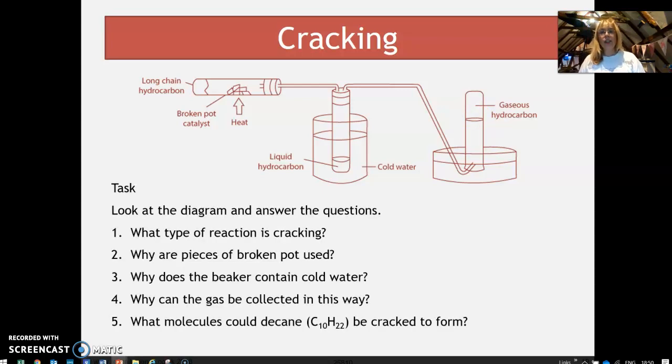So what I'd like you to do is copy this diagram using a ruler and pencil for diagrams. Remember, I want you to use the labels in pen and a ruler for the label lines. Then jot down the answers to these questions. When you are done, you can restart the video.